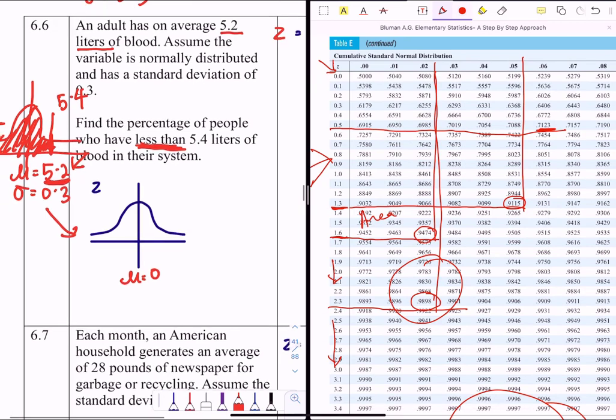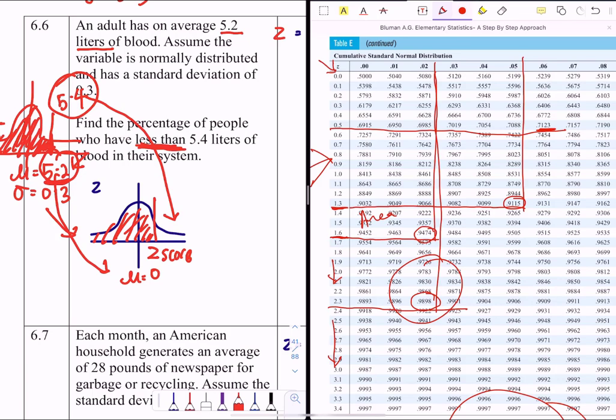So how do we get the z-score for 5.4? Now the mean has become 0. How do we change 5.4 into the z-score, so that we can find the area below?